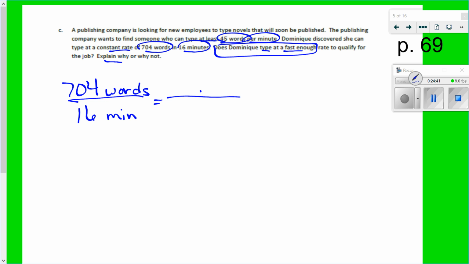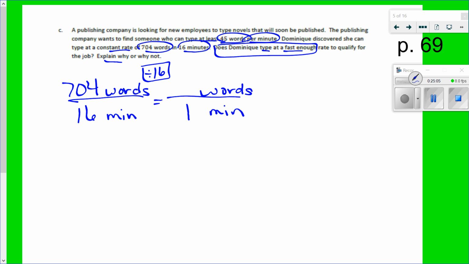If you will write out your units on your magic box, this shouldn't be hard. What are we trying to compare to? 45 words per minute. So I want to get my minute down to 1. How do I go from 16 to 1? Divide by 16. There's our magic box.